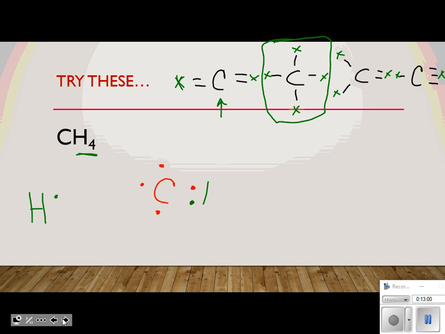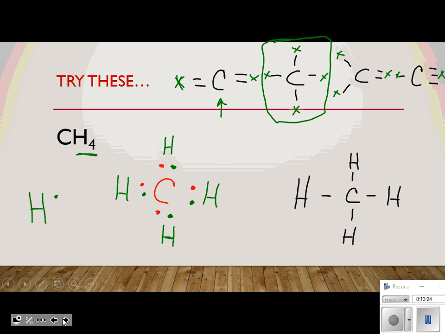So all I'm going to do is bond 4 hydrogens onto that central carbon. So if I draw this structure using dashes, not dots, I'm going to draw it as so.